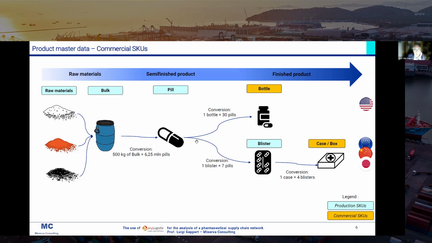The pills are bottled in bottles, 1 bottle is 30 pills, and in blisters, 1 blister is 7 pills. In turn, 4 blisters make a box case.